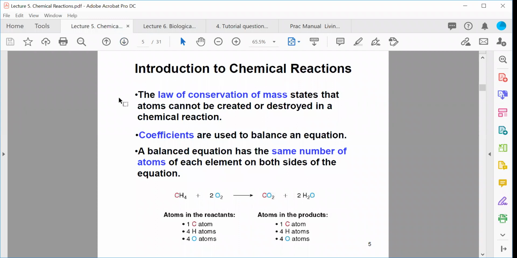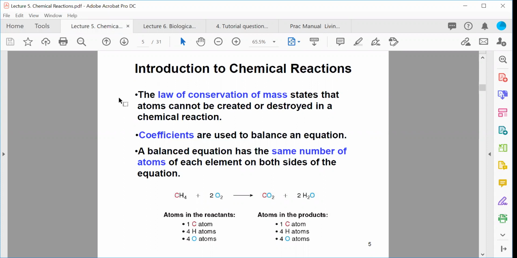All right, and that brings us to one of our laws of nature, I like to call them. Laws of nature, they're very important within chemistry and within other disciplines such as physics and so on. So this particular law is the law of conservation of mass.